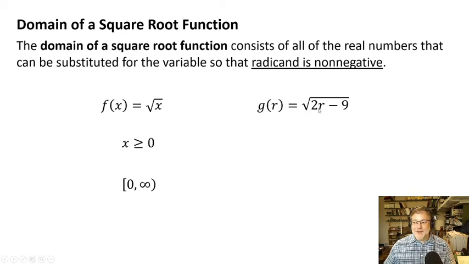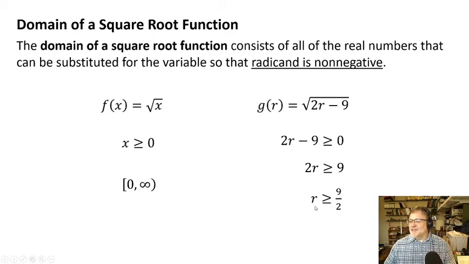In the same way here, we're going to set 2r minus 9 greater than or equal to 0. And now we have to solve this inequality for what that means in terms of r. When we solve this in terms of r, that means r has got to be greater than or equal to 9/2, or 4.5.